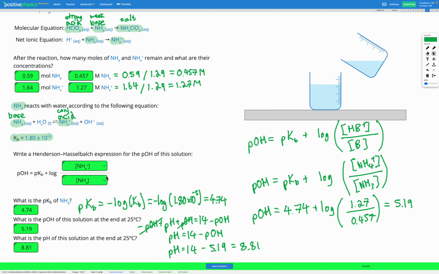We can also just do a check to make sure that our answer makes sense. In this question, we had a concentration of 1.27 for our NH4+, which is greater than a concentration of 0.457 for our NH3. So we had the top of our fraction being bigger and the bottom being smaller. As a result, that means that the fraction is going to be greater than 1 overall.